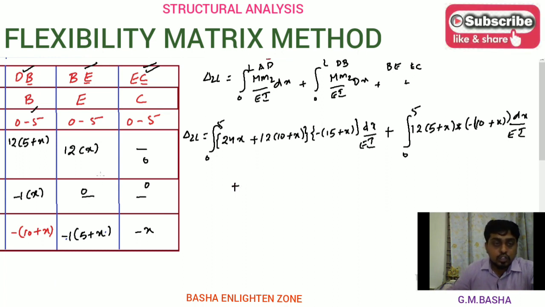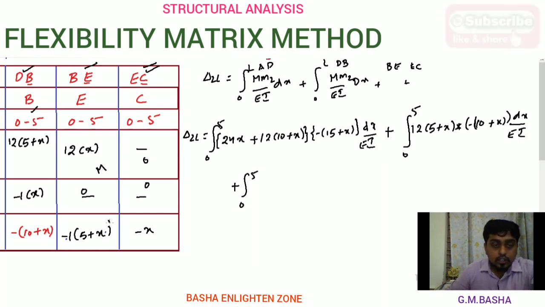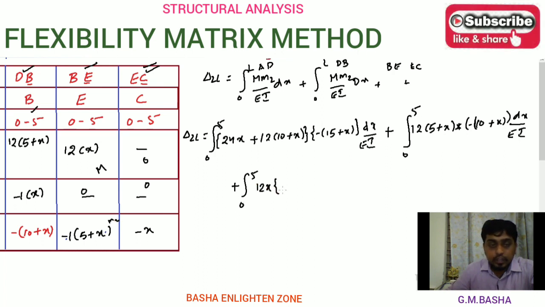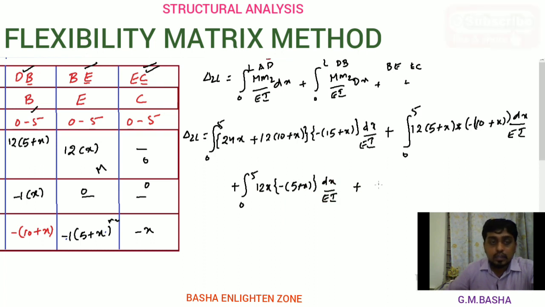So 0 to 5, this M capital and this M2. 12 into x, into minus 5 plus x, or else you can directly take minus 5 minus x, into dx by EI.